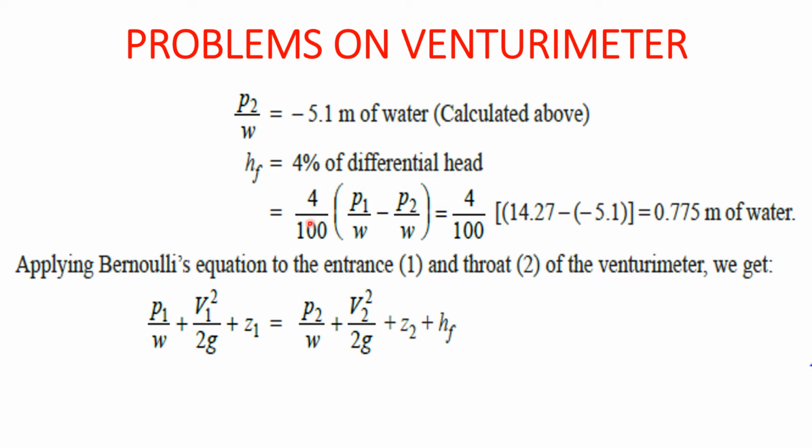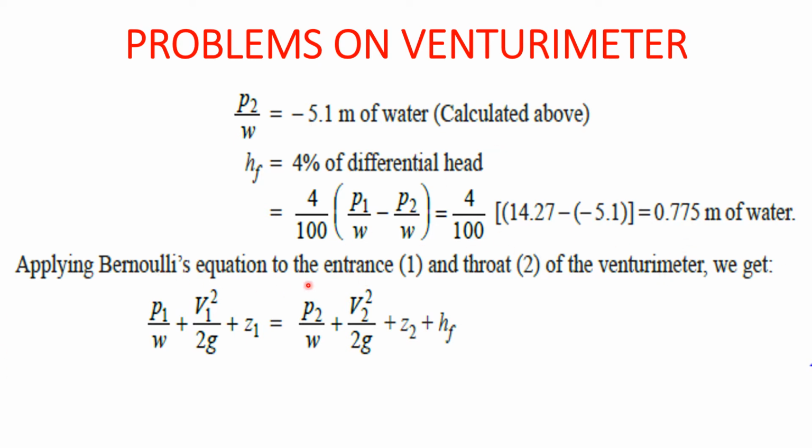So 4 by 100 into P1 by W, which is 14.27 as we have seen just now, minus of minus 5.1. So we get 0.775 meters of water. This is the head loss in differential head.